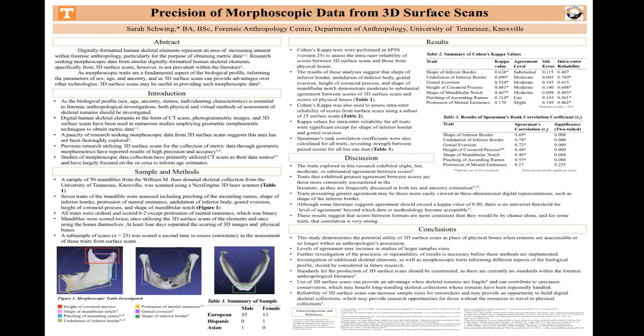I do. I've mentioned a couple of times that I hope to look at the cranium in future research. I will again be looking at morphoscopic traits for both sex and ancestry estimation: Walker's cranial traits for sex estimation and the OSA morphoscopic traits for ancestry estimation.